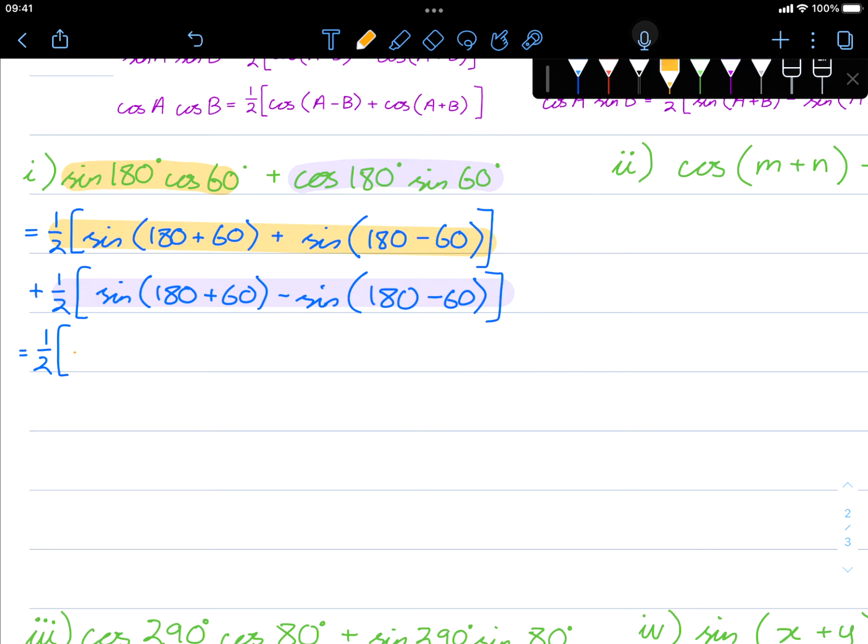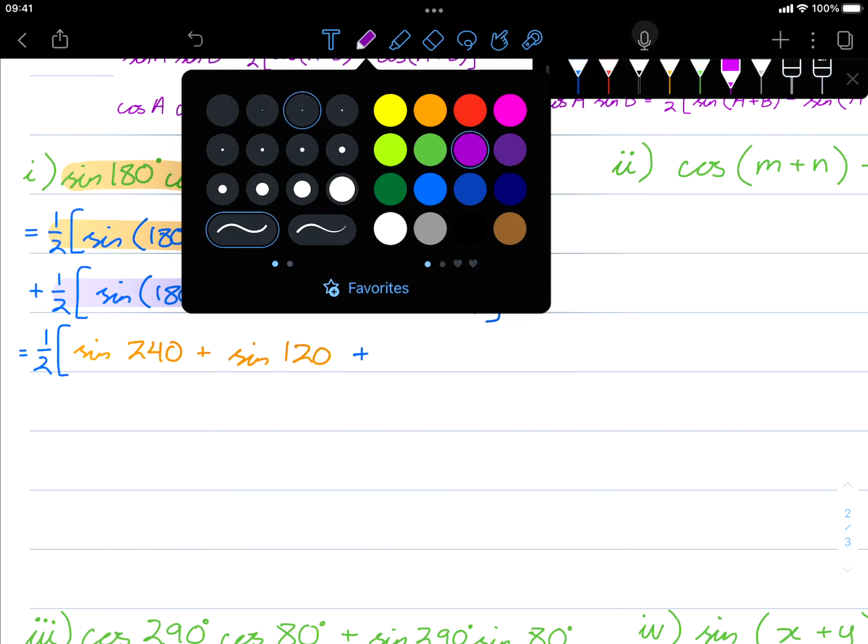So that's going to be sine 180 plus 60 is 240. Plus 180 minus 60, so this one here, that's going to be 120. Okay, so since we factored this out, there's going to be a plus in between, and I'll take the purple writing now.